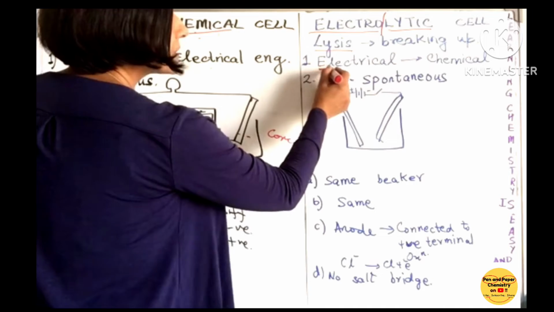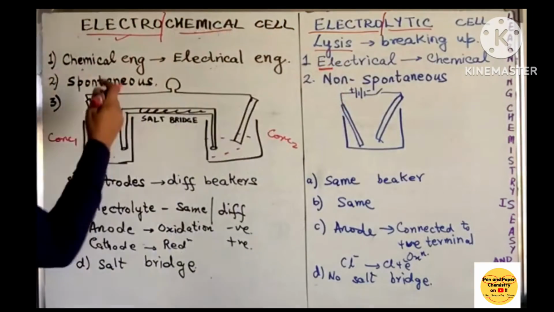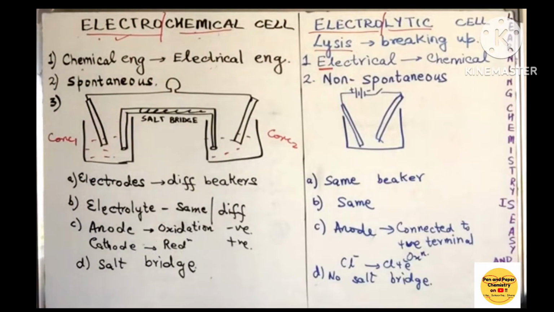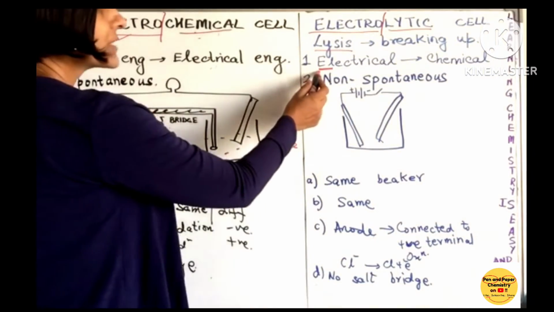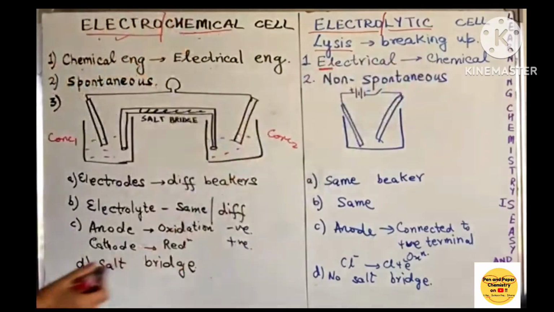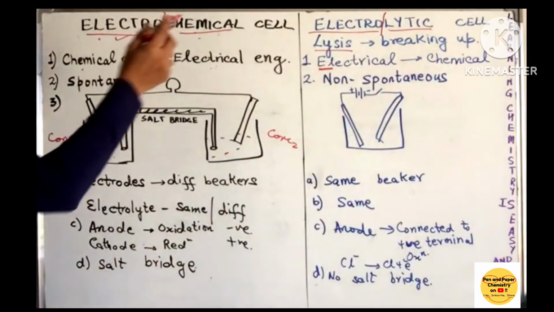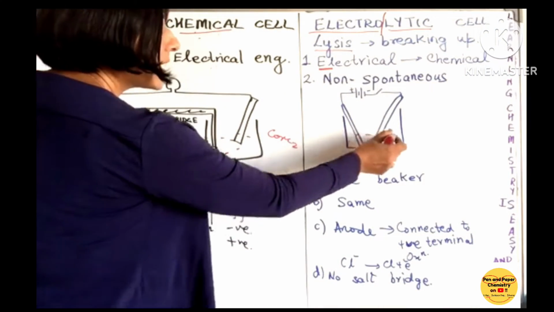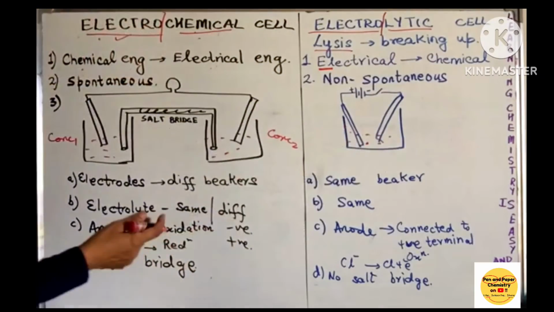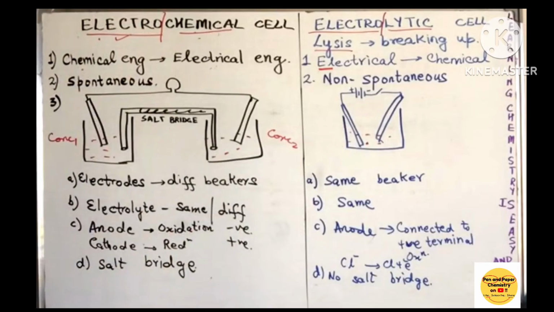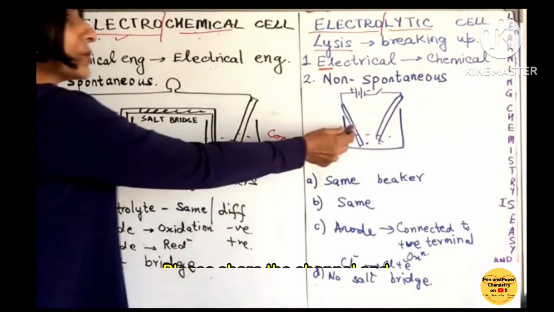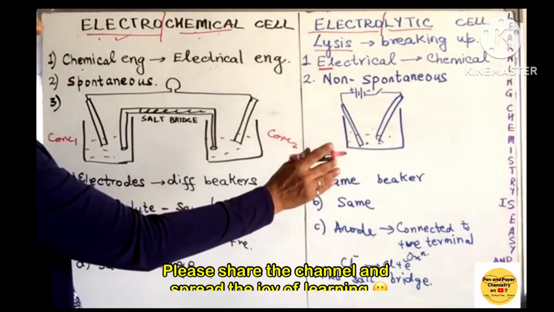So this is a process which is exactly opposite of electrochemical cell. So it involves the conversion of electrical energy to chemical energy. So unless you apply electrical energy over here, unless you pass electric current through the solution, nothing will happen.